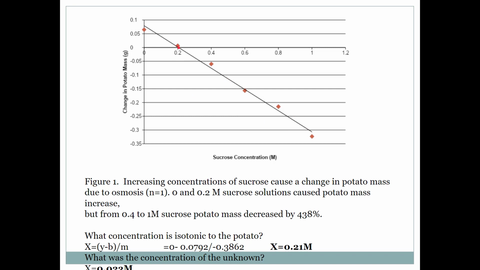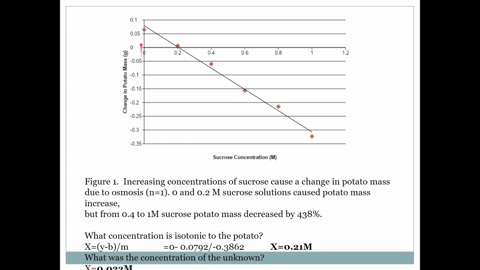So you can figure that out here, or the more scientific way to do it is, if you remember, the equation of the line is y equals mx plus b. I'm asking you what concentration would be isotonic, so what concentration would cause no change in mass. So you'd have to reformulate the equation to x equals (y minus b) divided by m, right?